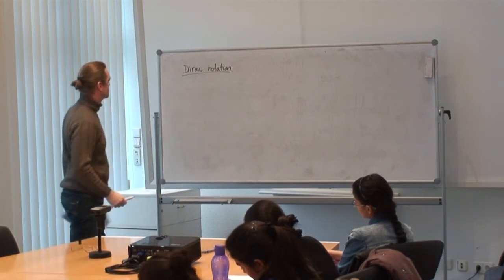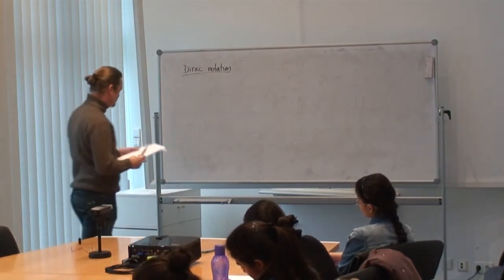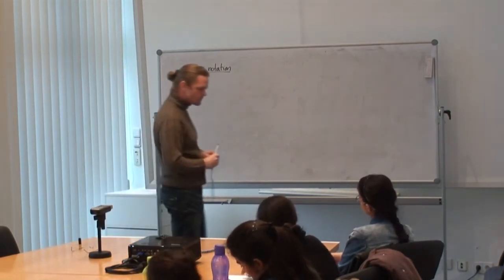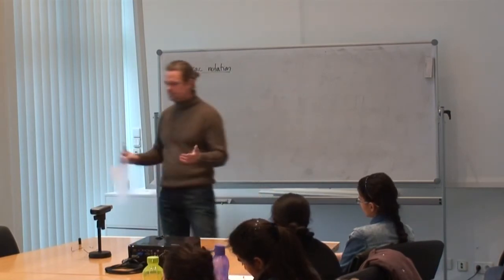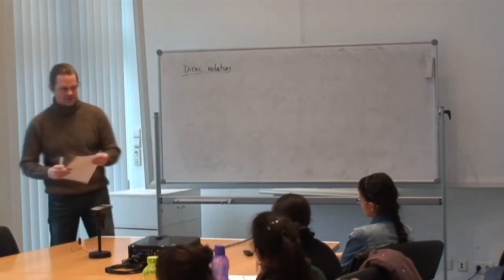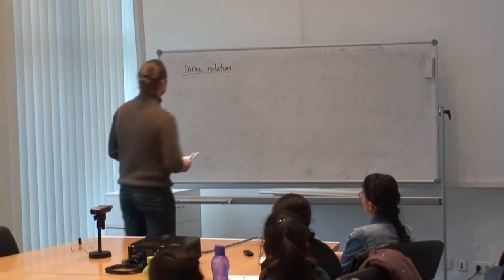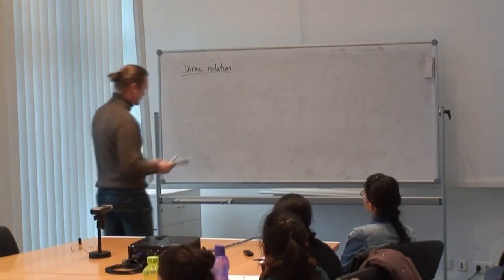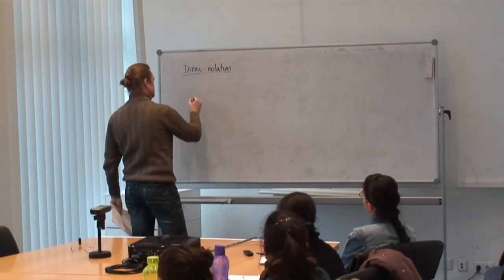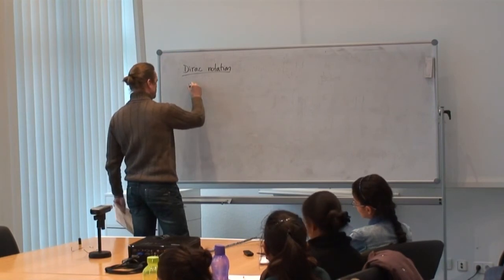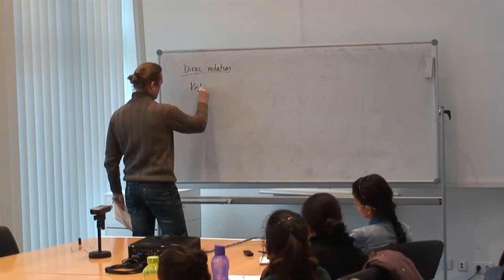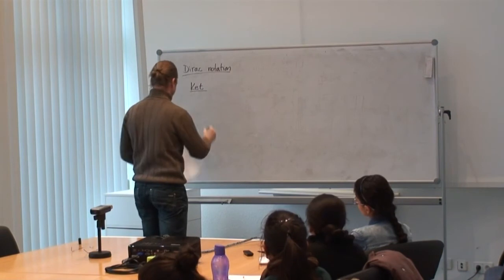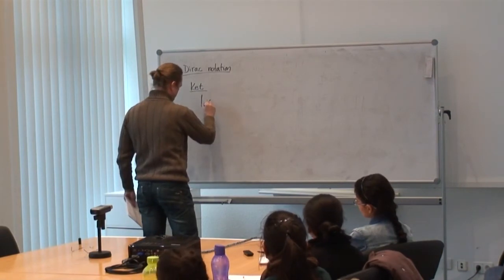Dirac was a very famous English physicist. And he introduced another way of writing vectors. And I'll just write it down. He introduced the idea of ket vectors, which we write like this.